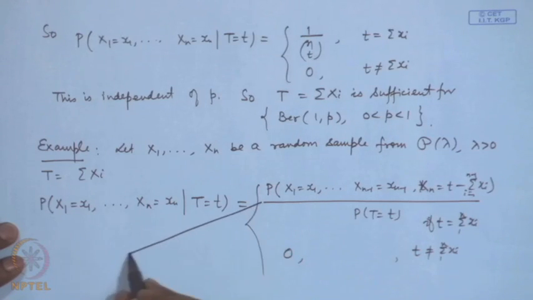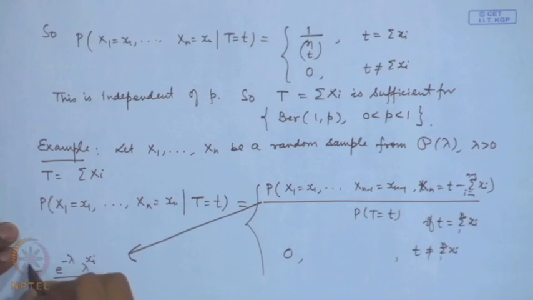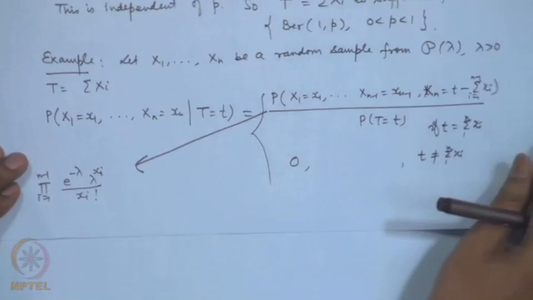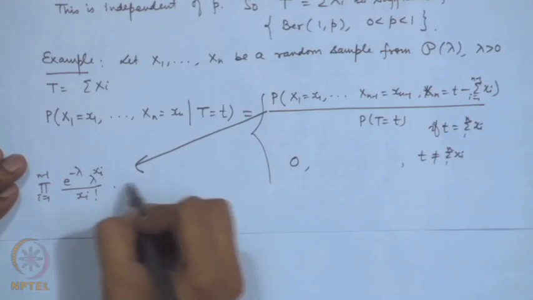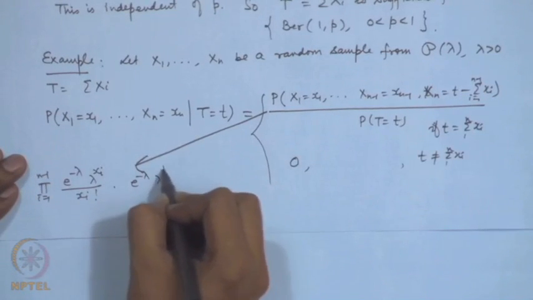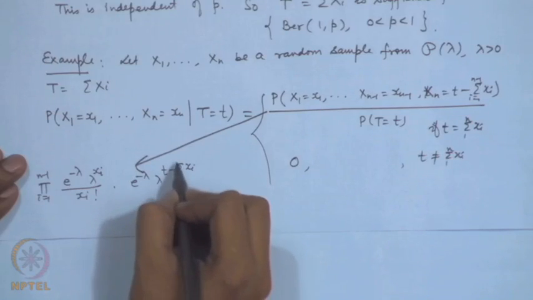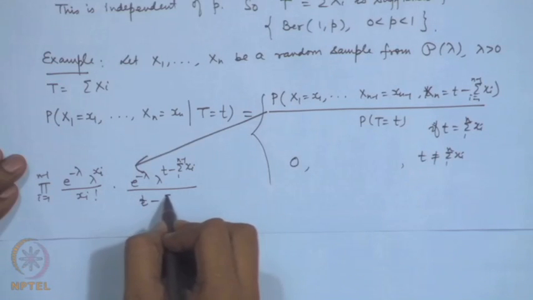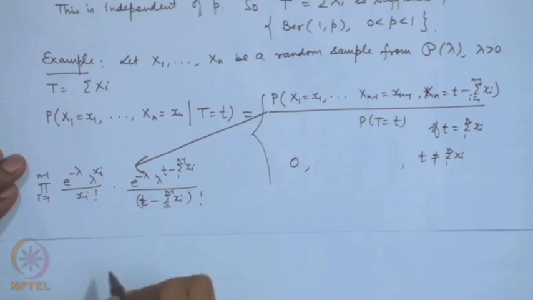So, once again this term will be equal to e to the power minus lambda, lambda to the power xi by xi factorial for i equal to 1 to n minus 1, and the last one is e to the power minus lambda, lambda to the power t minus sigma xi, 1 to n minus 1, divided by t minus sigma xi, i equal to 1 to n minus 1, factorial.